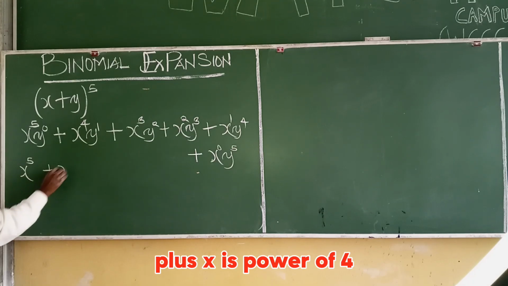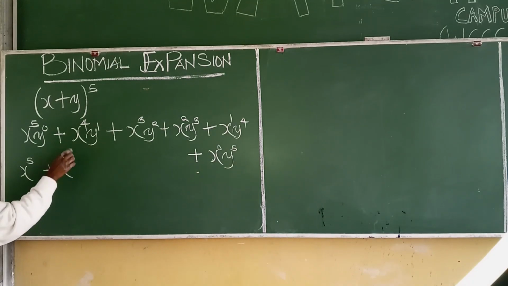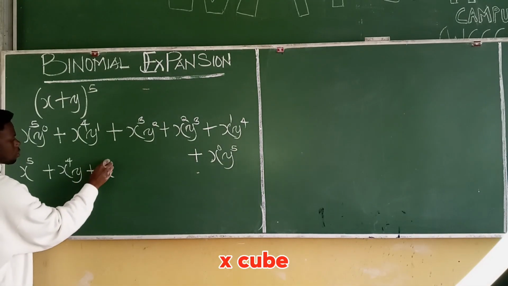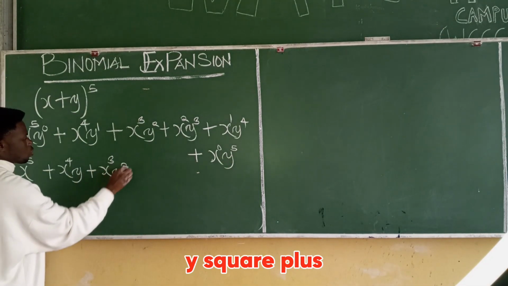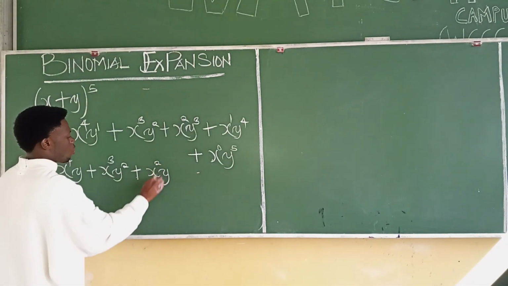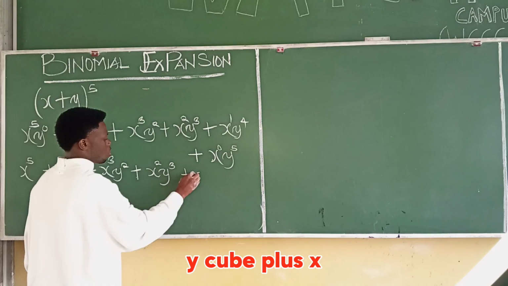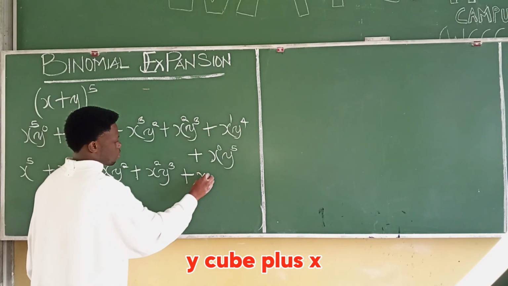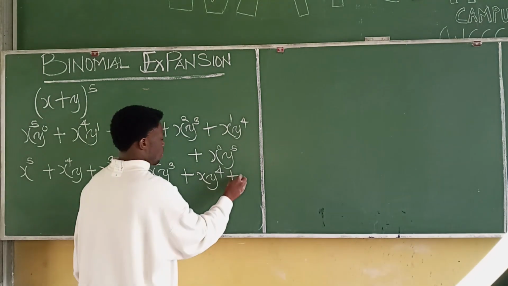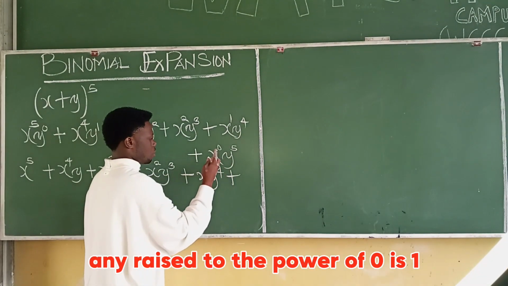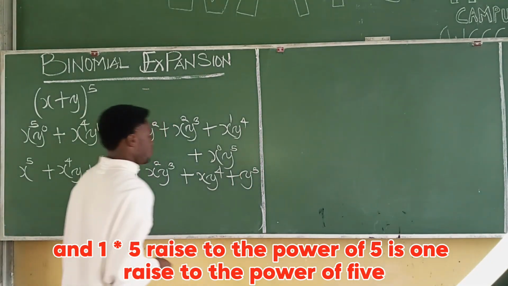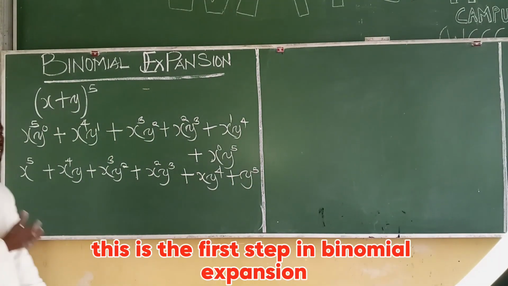Plus x to the power of 4 y, plus x cubed y squared, plus x squared y cubed, plus x y to the power of 4, and plus, since anything raised to the power of 0 is 1, 1 times y to the power of 5 is y to the power of 5. This is the first step.